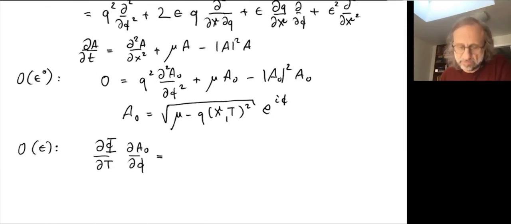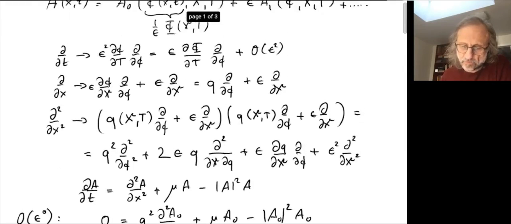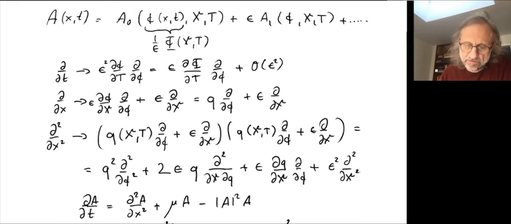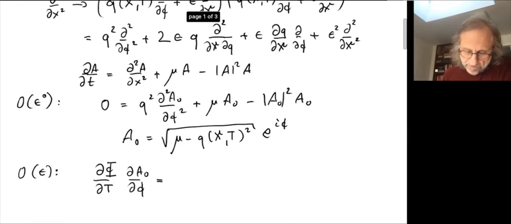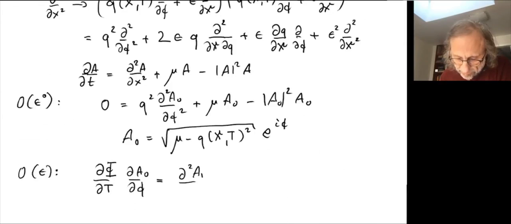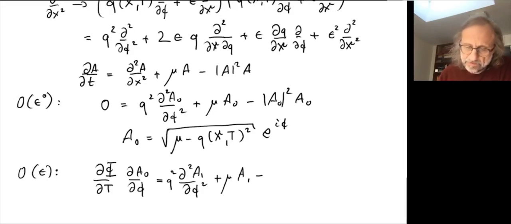Okay, so now maybe we should first go for the terms that involve A1. So that means we only take the terms that are order 1 on the right in terms of the derivatives. So we actually only have this term with the A1. So we have d²A1 by dφ² times q squared plus mu times A1, and then the linearization of this guy around A0.